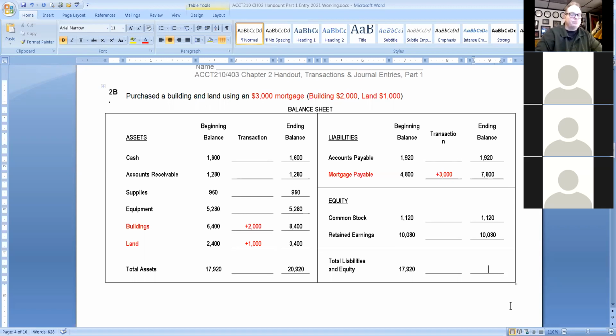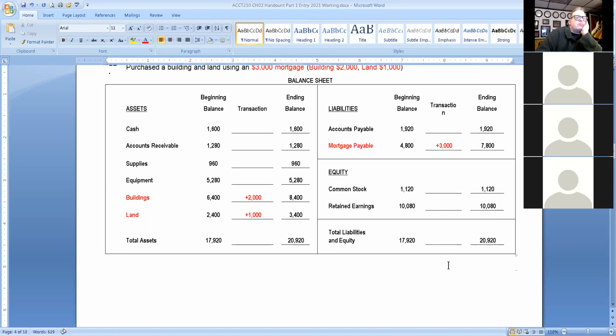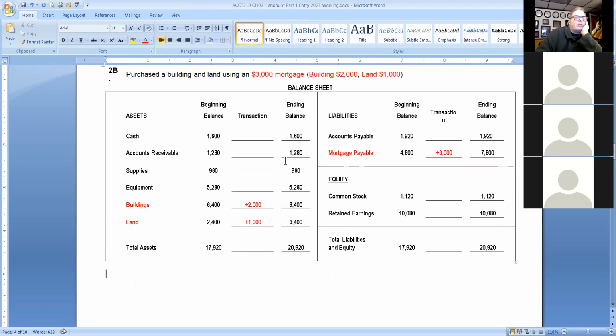Yep. Okay. Yeah, so that would be the new balances in our balance sheet after the transaction.